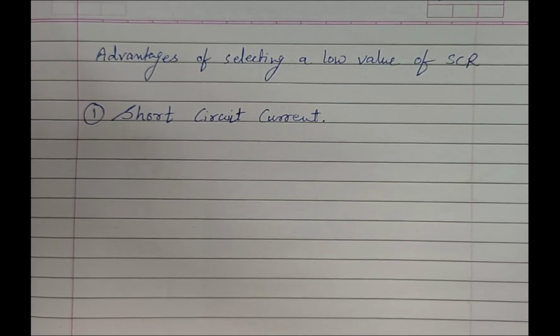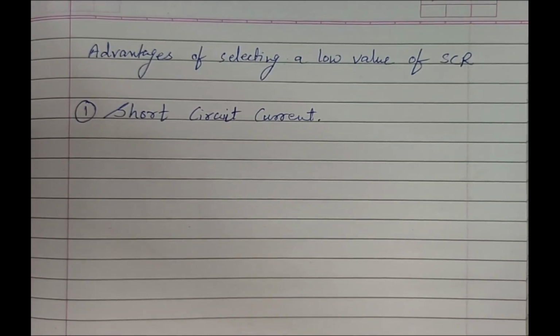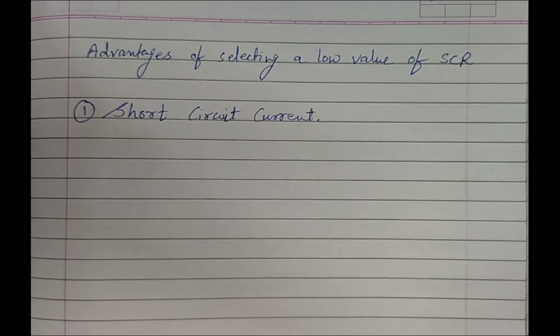Therefore, lower values of short circuit ratio would definitely result in a lower value of short circuit current, as well as the cost of the control equipment would also be reduced. So it helps if we select the lower value of SCR in terms of short circuit current.